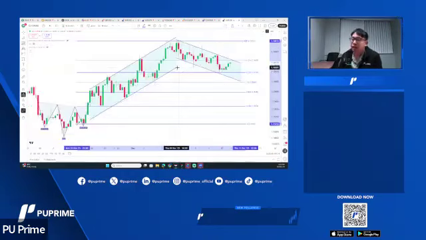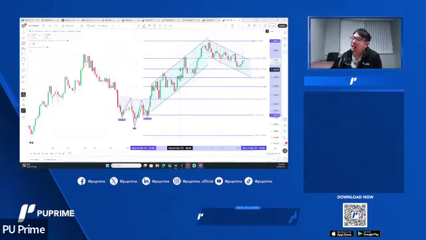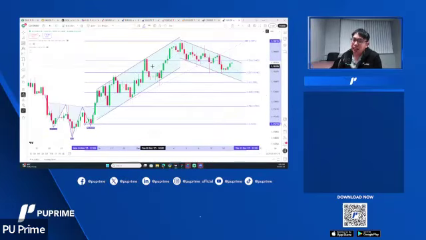This could be the trading plan for you if you spotted this kind of price pattern.